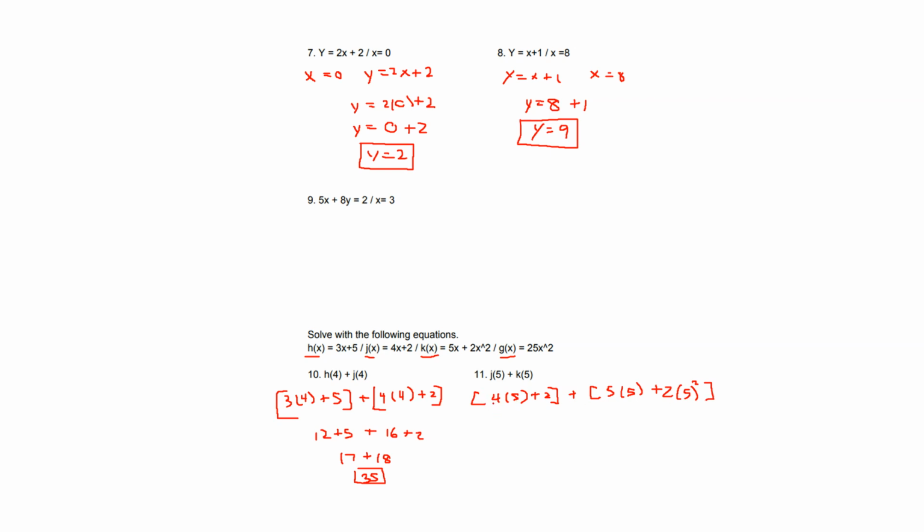So if we were to solve for this, 4 times 5 is 20 plus 2 plus 5 times 5, which is 25, plus 2 times 5 squared. 5 squared is also equal to 25, because this is also 5 times 5. So 2 times 25 is also 50. So if we add these all up together, we get 22 plus 75, or just 97.